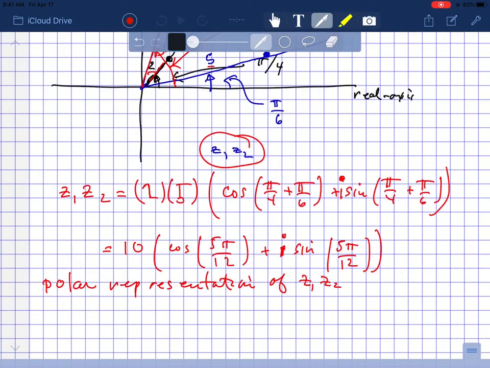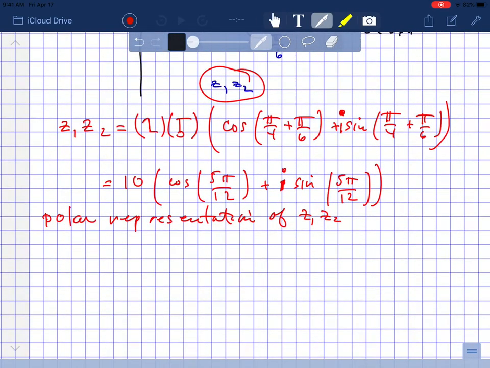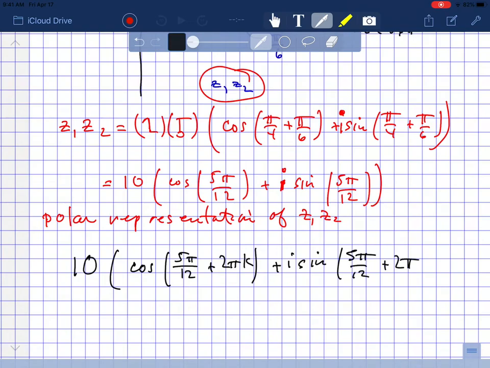But it's not the only polar representation. We also have the polar representations 10 times the cosine of 5 pi over 12 plus 2 pi k plus i times the sine of 5 pi over 12 plus 2 pi k.